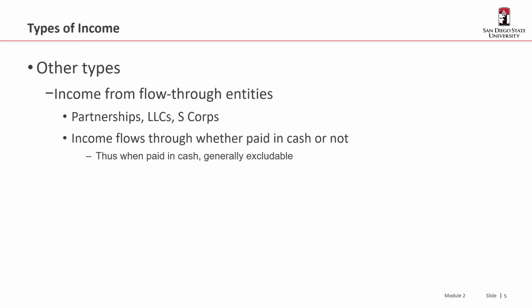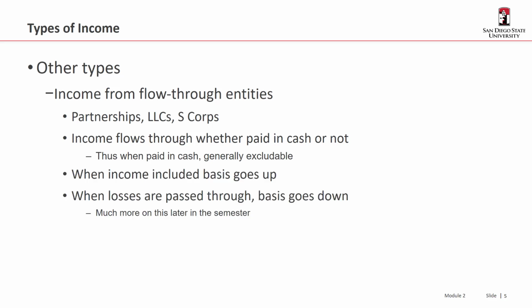As a result, when it is finally paid in cash, it's often excludable because flow-through entities are only taxed once. So when income is included, the basis that you have in that flow-through entity generally goes up. When losses are passed through, the basis goes down. And we're going to cover that in a significant amount of detail later on in this semester.